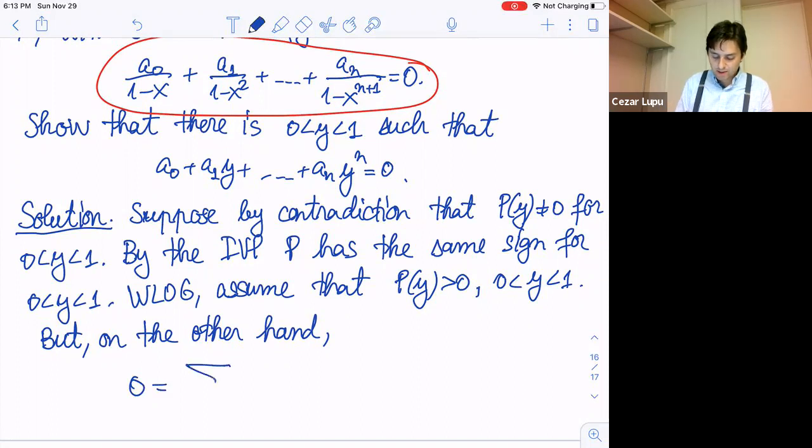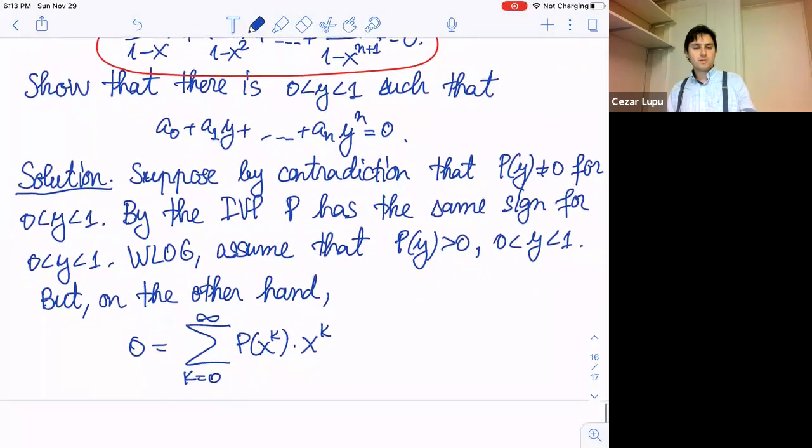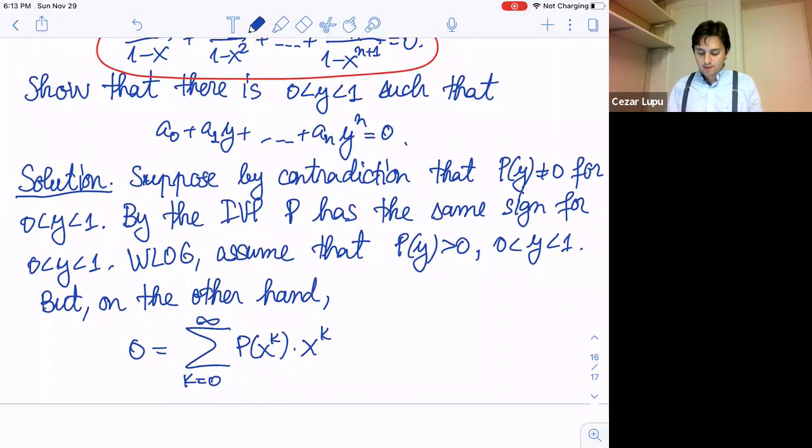And we're going to write it in this way. So this is the sum from k equals 0 to infinity of P of x to the power k times x to the k. All right, so we have this series here. And it's clear that x to the k is between 0 and 1.